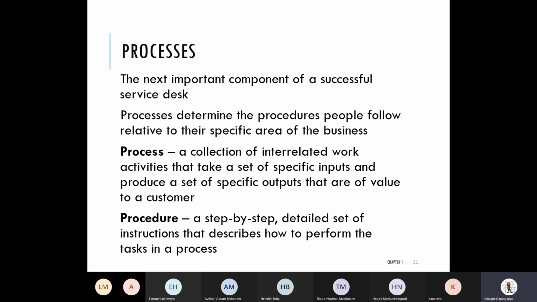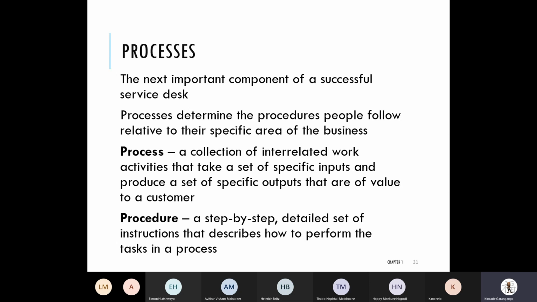But on the other hand, a procedure would be a step-by-step detailed instruction that describes how to perform a task within a distinctive process in that regard. So this is just determining what individuals would follow in relation to specific areas as far as your business environments are concerned.